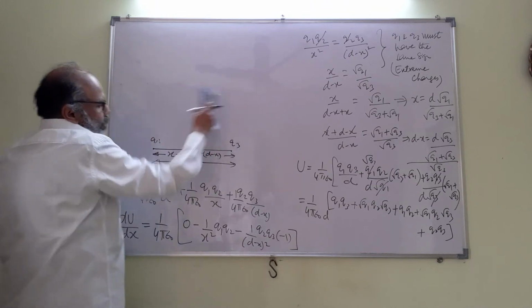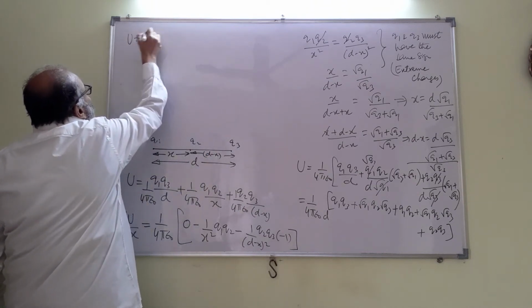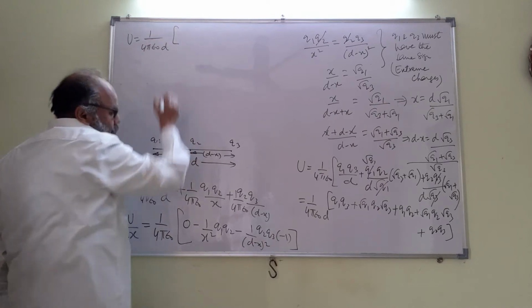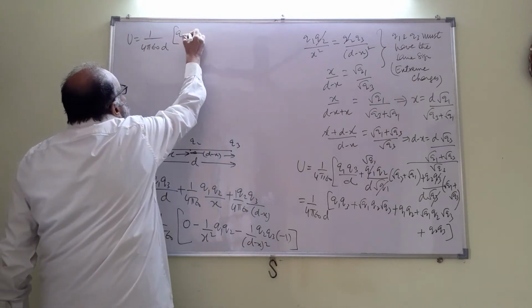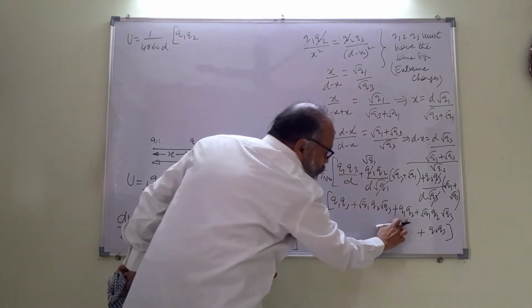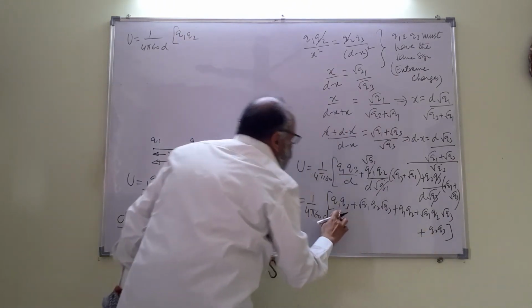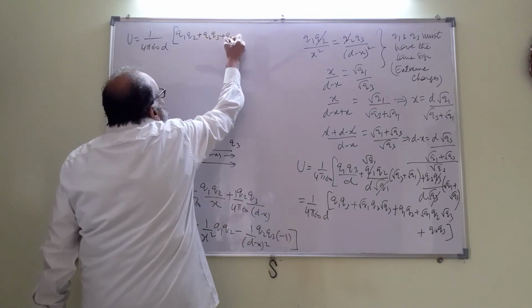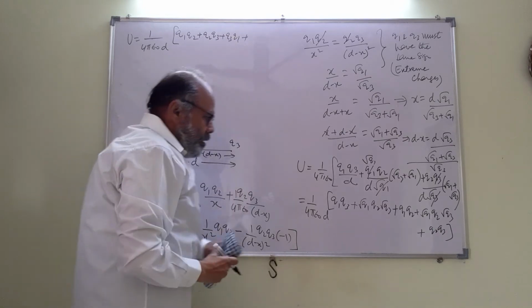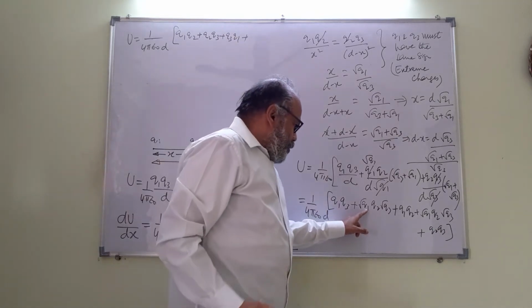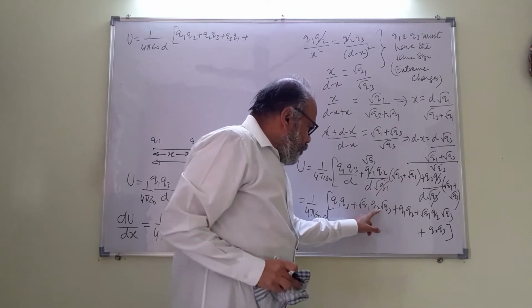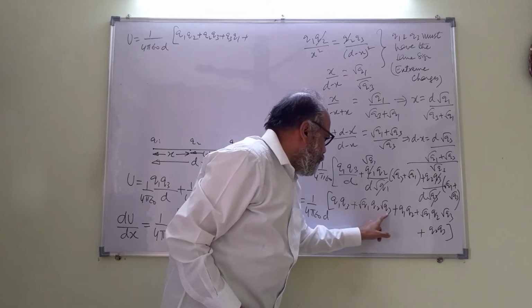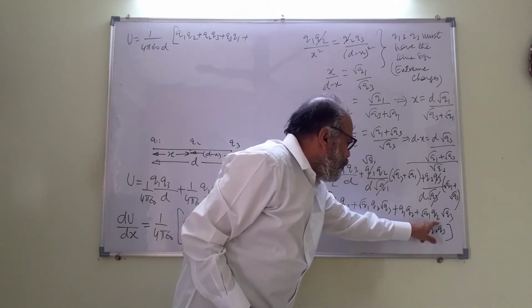So we can write U as 1 by 4 pi epsilon naught d into Q1 Q2, Q2 Q3 and Q3 Q1, plus these root Q1 Q2 root Q3 terms.